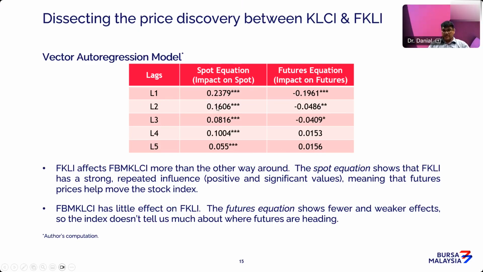The spot equation here shows that KLCI futures has a strong repeated influence, meaning that futures prices help move the stock index. Other than that, FBM KLCI has little effect on FKLI, as the futures equation here in the third column shows fewer and weaker effects. So if you are trying to trade KLCI futures, the index is not really helping us much. Right.